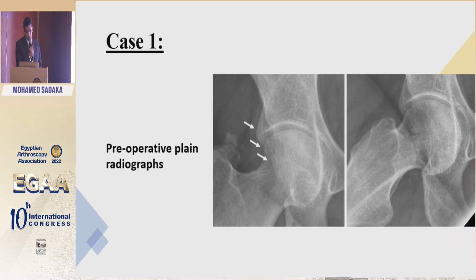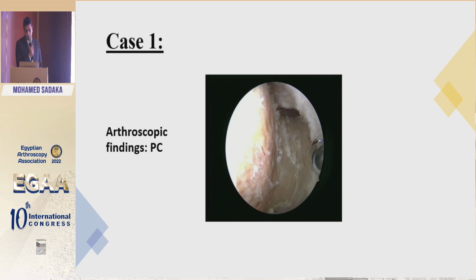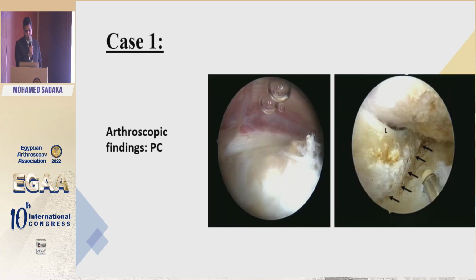Okay, this presentation. Preoperative plain X-ray of a 55 year old female with right hip pain of 28 months duration. Here you can see coxa profunda, slight medial joint space narrowing, small anterior cam after cam resection. And here we can see the subtotal ossification of the acetabular labrum with a small labral rim left.